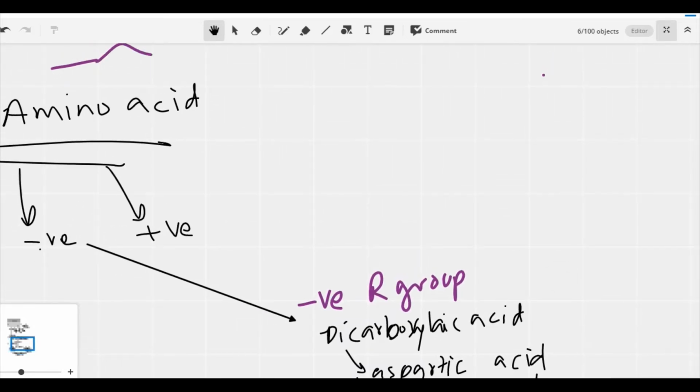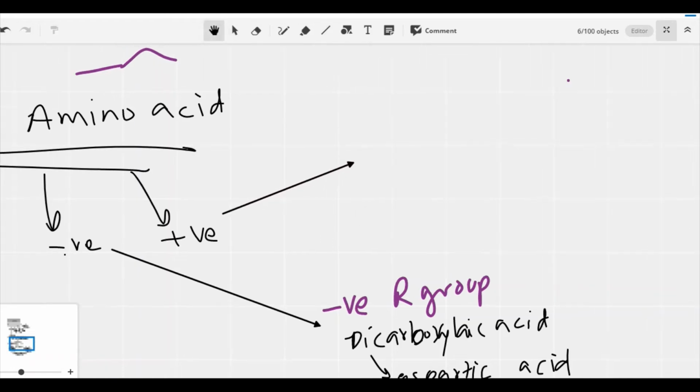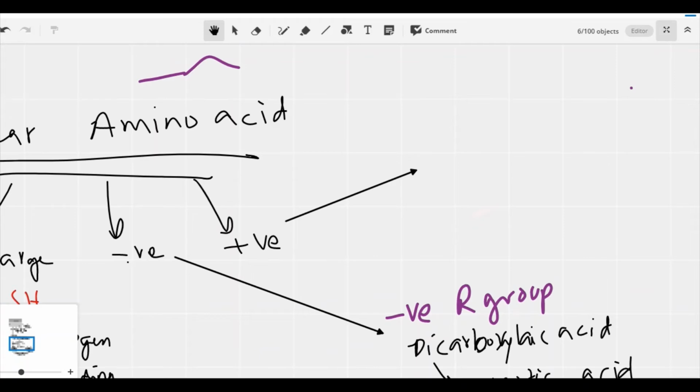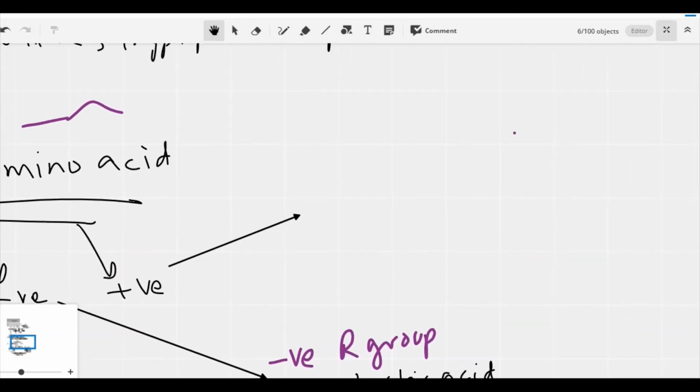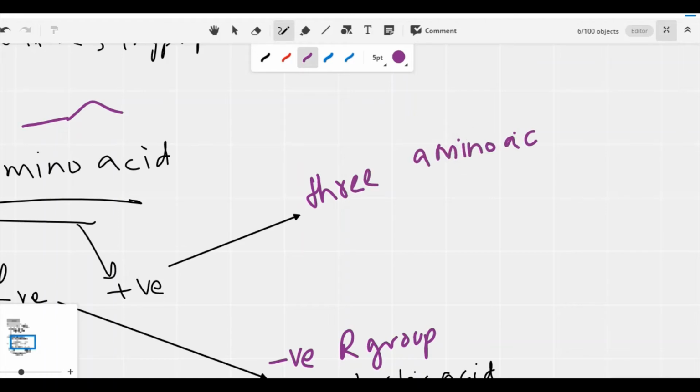The fourth category is the polar amino acids containing a positive R group. Here we discuss three amino acids: lysine, arginine and histidine.